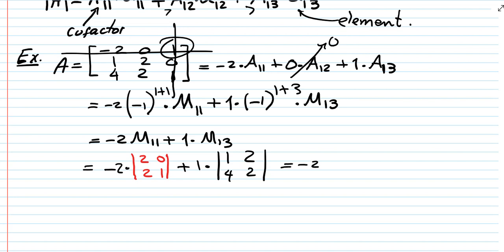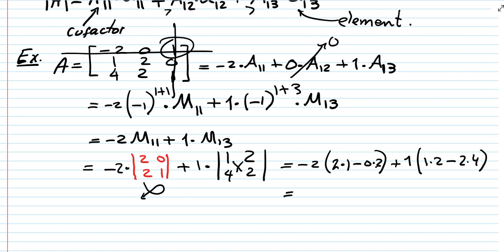Now for the determinant of the 2 by 2, remember, we multiply the diagonals. 2 times 1 minus 0 times 2, the off diagonal, plus 1 times, you multiply the diagonal, 1 by 2 minus 2 by 4. A lot of detailed work, huh?